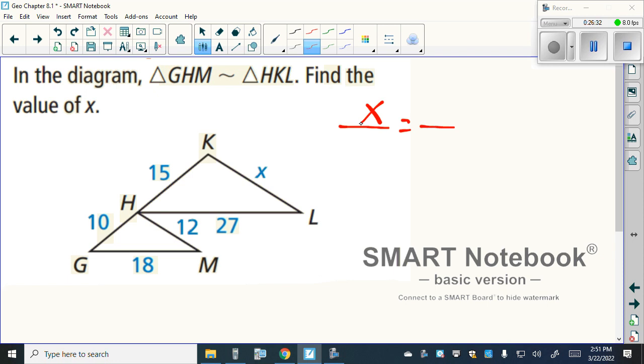So, you can use a highlighter here. So I have that GH corresponds to HK. We have that KL, so GH and then HM and KL. And lastly, KL, HL, and GM.